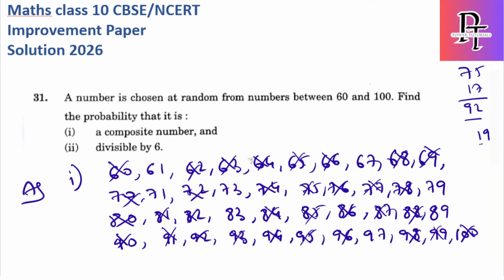Next prime number 19. 19 times 4 is 76, already done, and adding 19 gives 95, already done. So 19 is done.